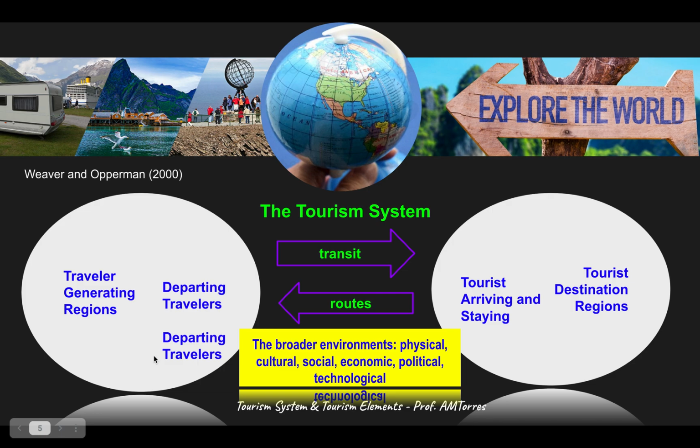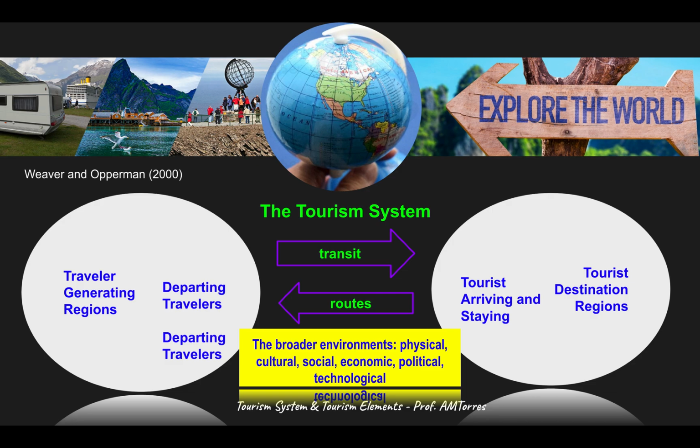Okay, travelers, we know that they are people on the move. They move. So travelers can be classified into two: departing travelers who are residents of the traveler generating region, or departing travelers who stop by at that region and are ready to depart and move to the final destination.